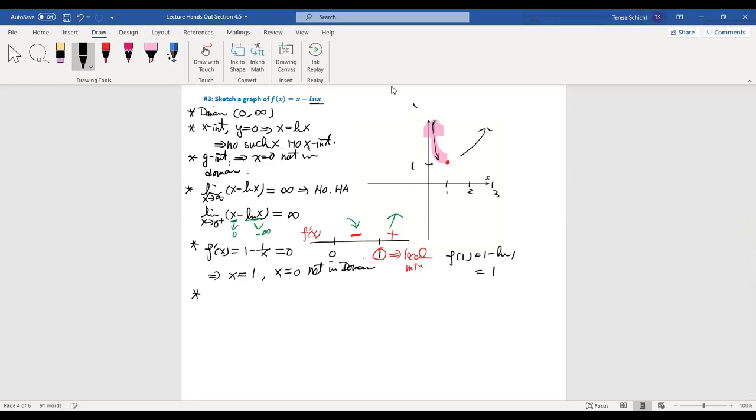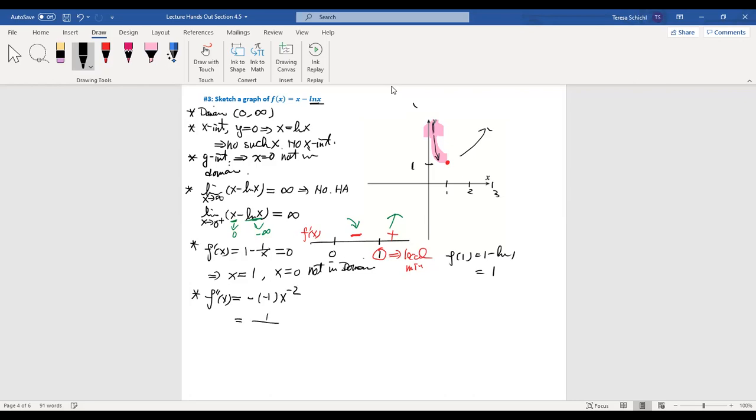Now here, the second derivative. The second derivative: the 1 becomes a constant, so it's 0. So this one is negative, and then negative 1 times x to the negative 2.